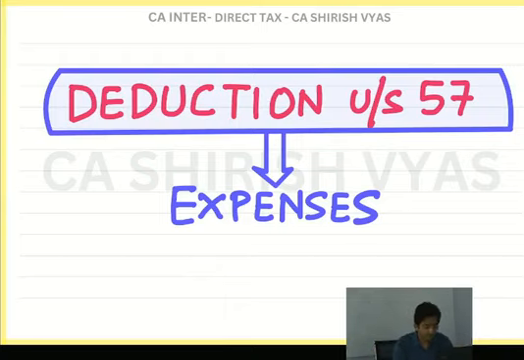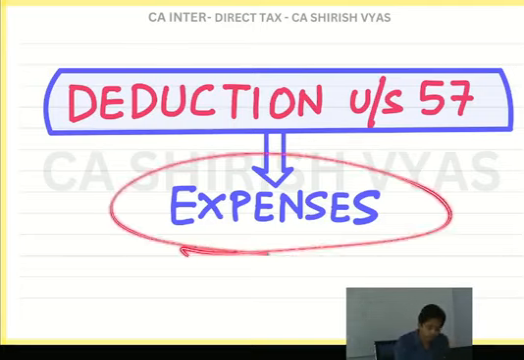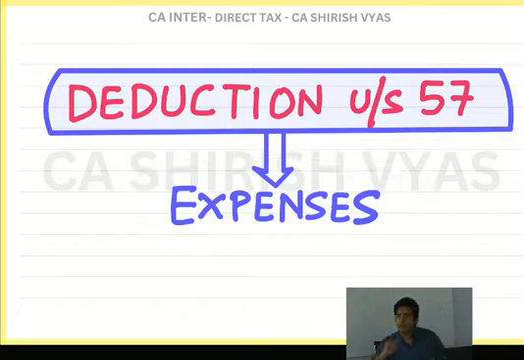Okay. Now, deduction. See, in income tax language, whenever we use the word deduction, it is meant for expense only. And you know why the income tax department gives importance to expense? Because every income comes, but for that you have to spend. Like when we do a coaching class business, we get income from students, but then we have to spend also.